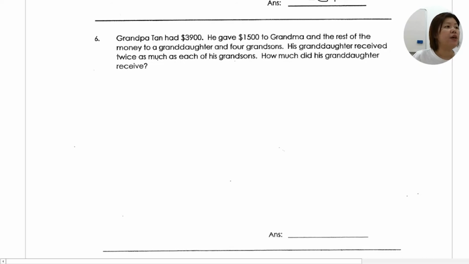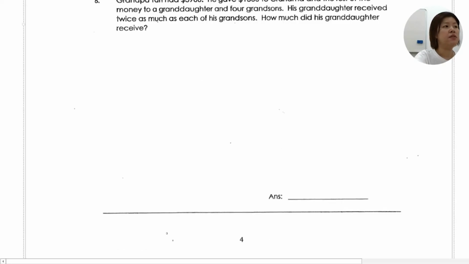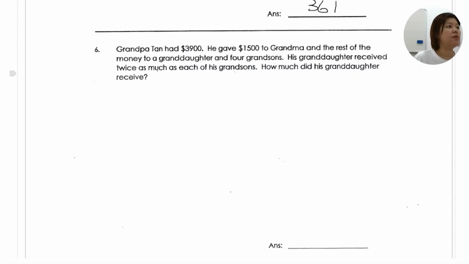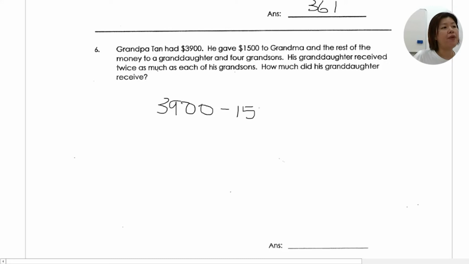So we can find, sorry, give me a moment. So 3,900, you can minus 1,500 for Grandma, and you are left with 2,400.